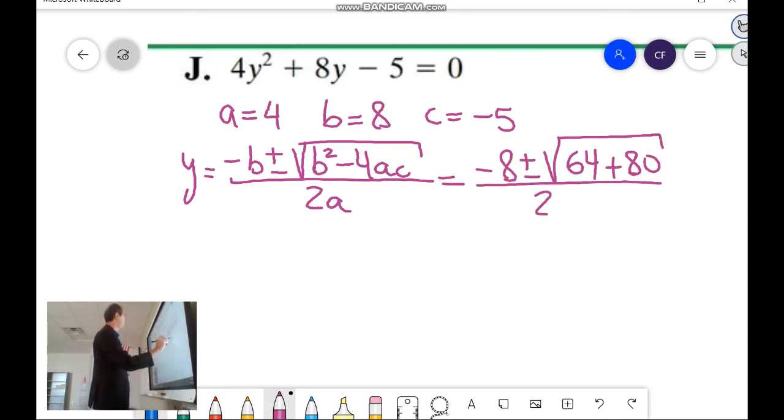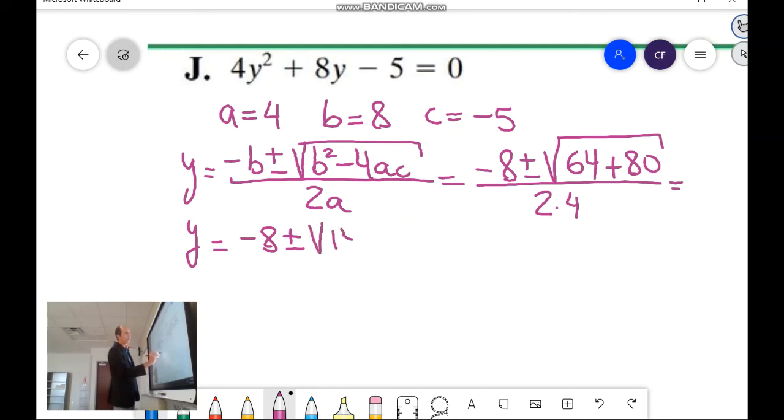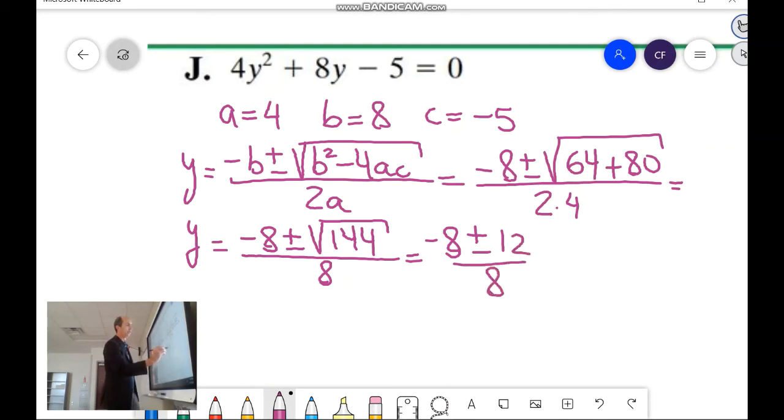Over 2 times 4. This equals negative 8 plus or minus the square root of 144 over 8. And this equals negative 8 plus or minus 12 over 8. The answers are y equals negative 8 minus 12, negative 20, divided by 8.